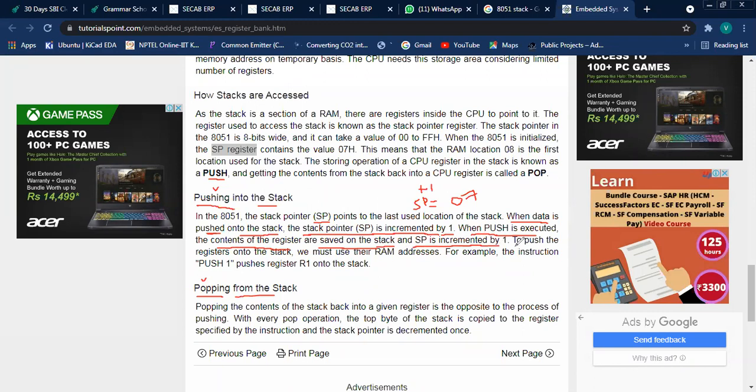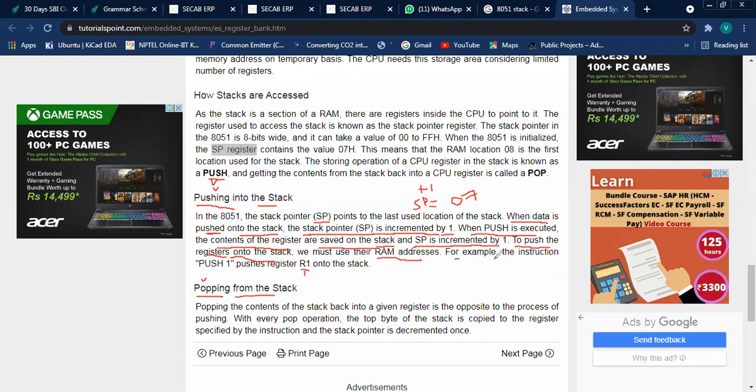Okay, so to push a register onto the stack, we must use its RAM address. We should not use the register names. We have already discussed this. Whenever we are using the push instruction, it will not use the register name, but the register address.